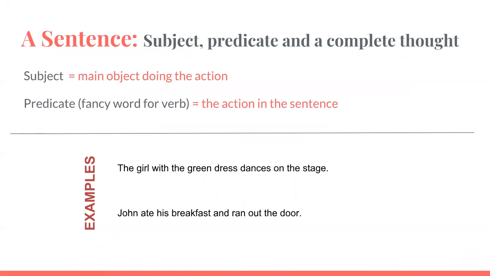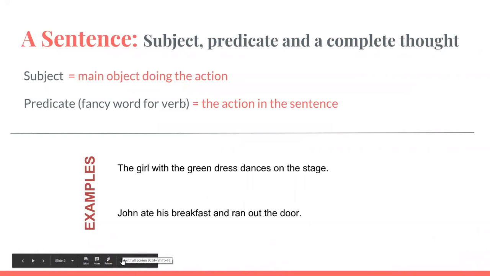Now, why are we doing this when we are really trying to look at full sentences and the types of sentences? You need to understand what a sentence is to be able to understand the formats that each sentence type can take. So what I always tell my students is that we are going to follow some basic steps.